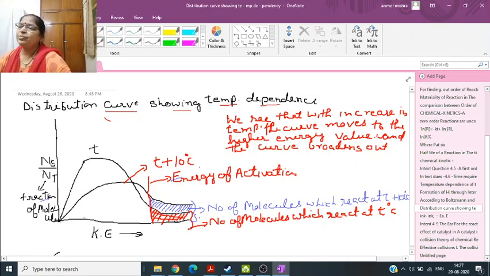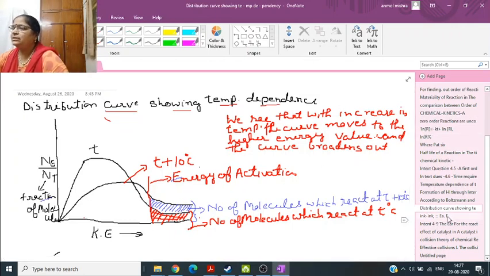It means when we increase the temperature, the fraction of molecules having activation energy has increased.